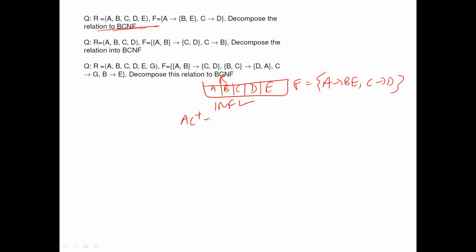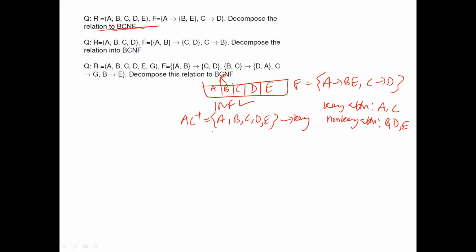The AC plus I can find A, B, C, D, E, which is the key. This is my key. So the key attributes will be AC. Non-key attributes will be B, D, E.